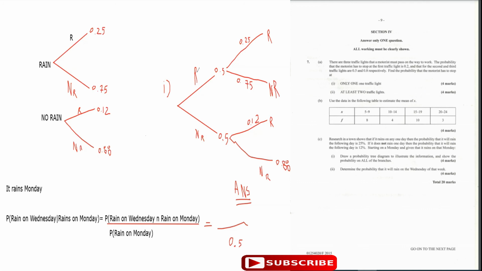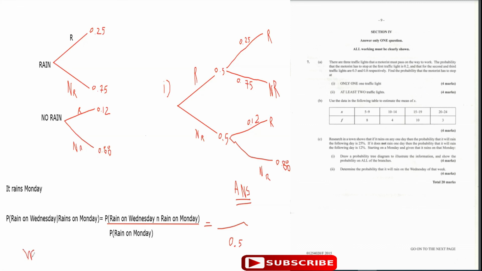So if it rains Monday, we need to find the probability of it raining on Monday and Wednesday.